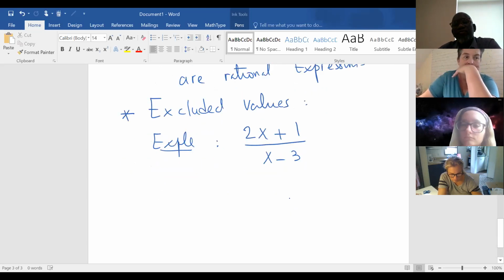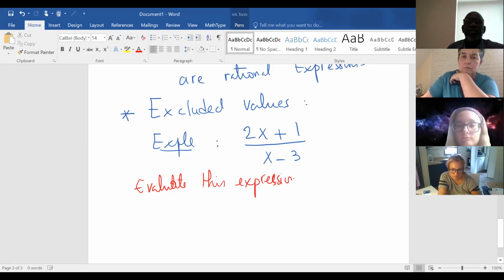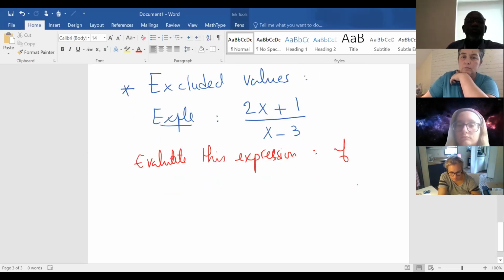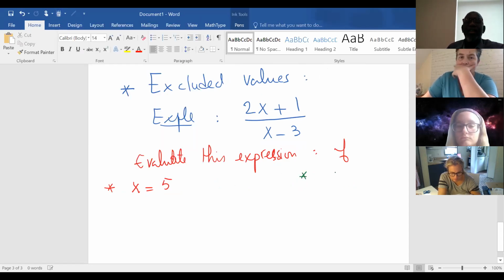Can you evaluate this expression if x equals 5 and if x equals 3? Go ahead, evaluate the expression.